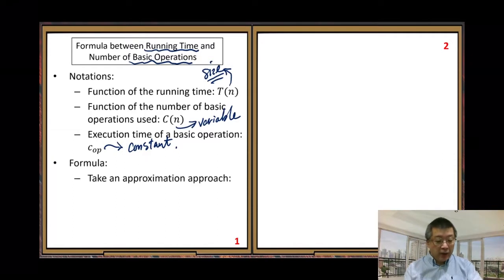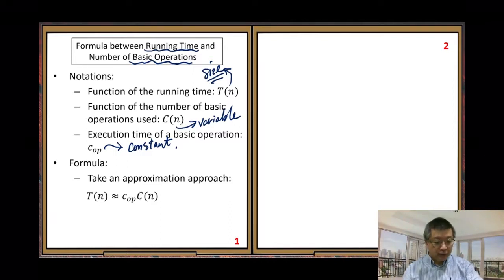For the formula, we take an approximation approach because it is very hard to make a very precise expression. There are so many factors. How can you exhaust all the possible factors? The temperature factor, right? Think about so many different factors. But we want to make our discussion as simple as possible, so we take an approximation approach.